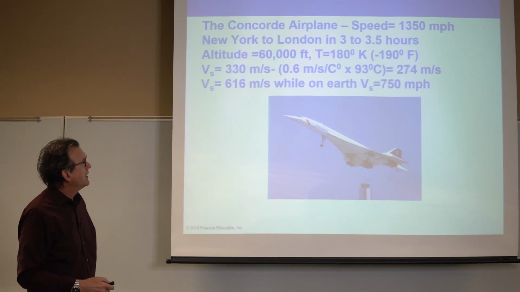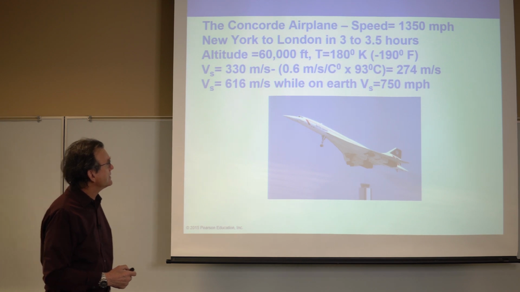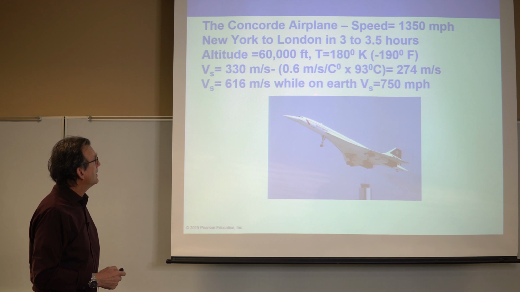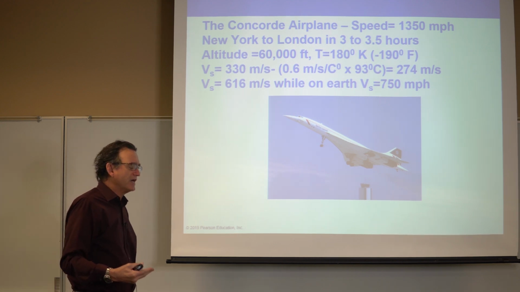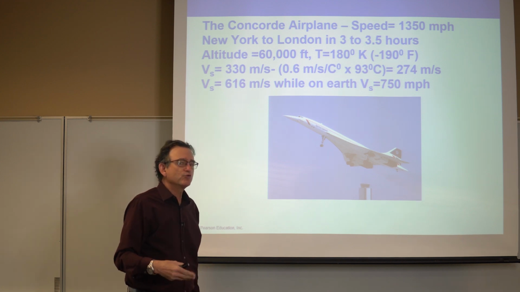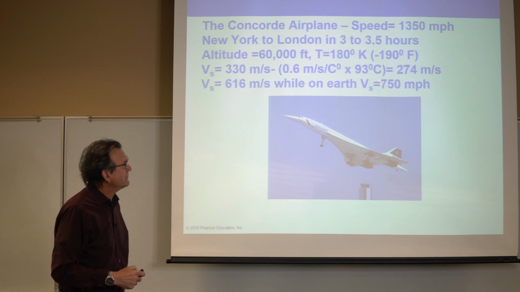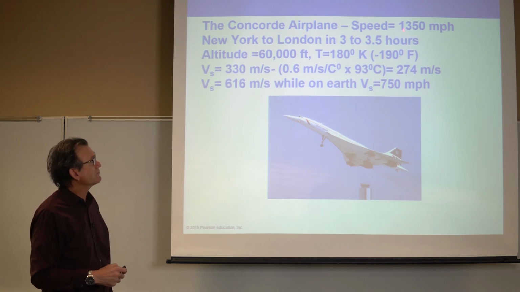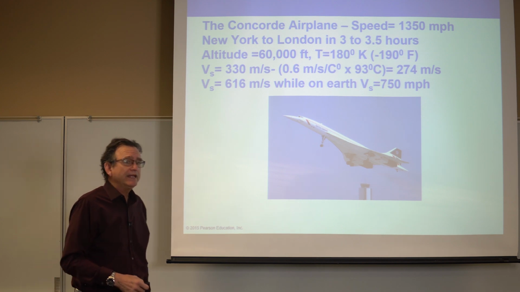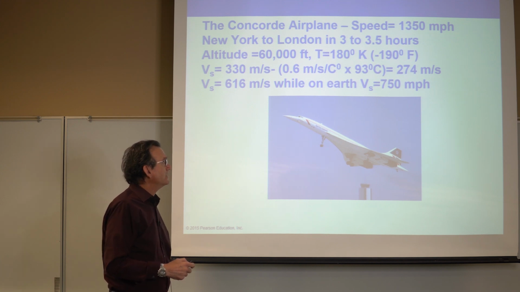And of course, the Concorde is the one we talked about in the last chapter. Another important feature of the Concorde was that it was often advertised as an airplane that could go twice the speed of sound. Well, if the speed of sound was 750 miles per hour, but it was only traveling at 1,350 miles per hour, it is clearly not twice the speed of sound as quoted here.